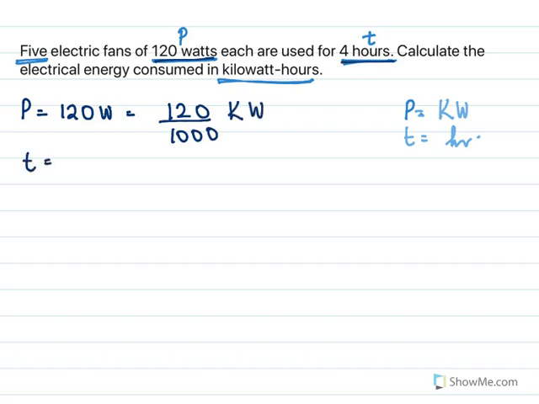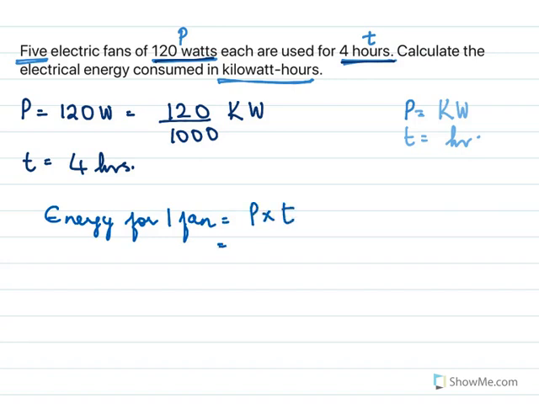Time 4 hours. So the energy consumed for one fan is equal to power into time. Power 120 over 1000, time 4. That is for one fan.